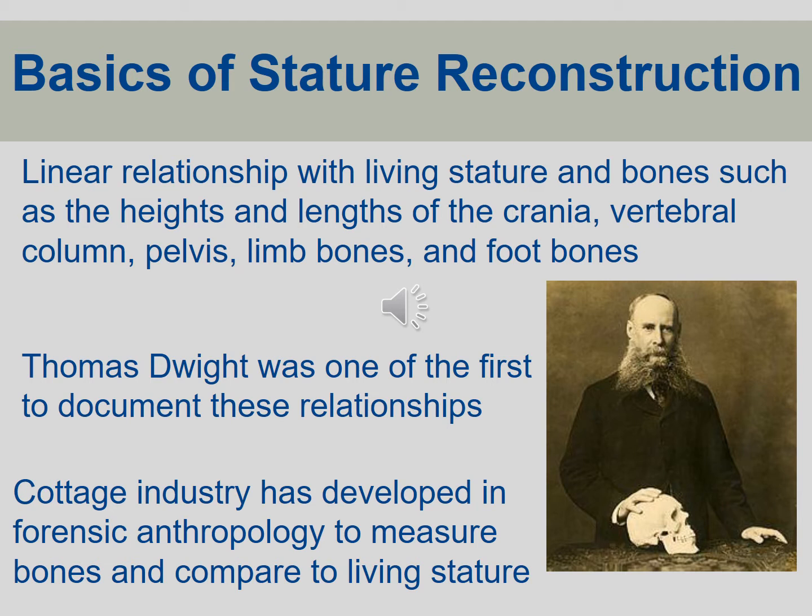So we see a positive linear relationship with limb bones and other bones. What that means is, for instance, we can take the femur. The longer the femur, the taller the person, right? That's a positive linear relationship. The taller the person, the longer the femur. So it's closer to a 1-to-1 correlation.